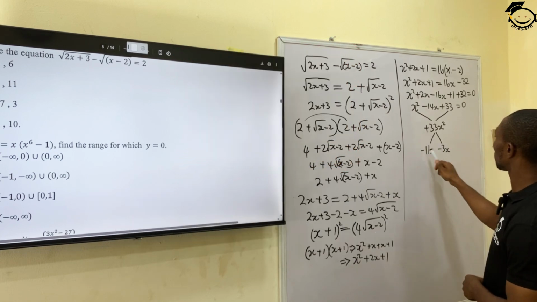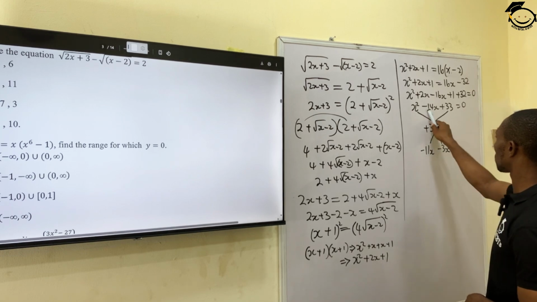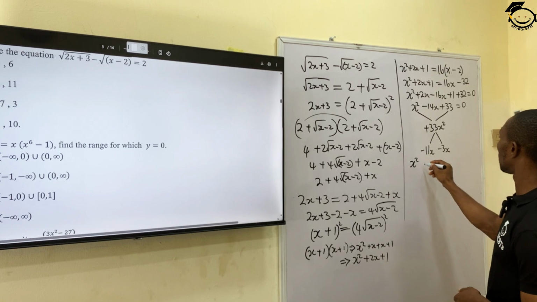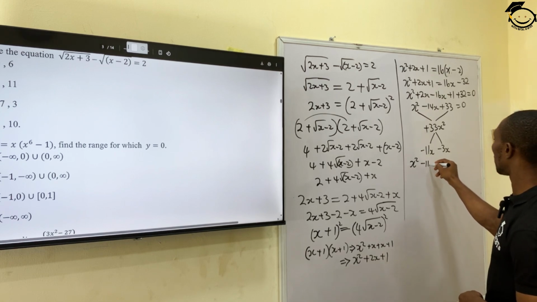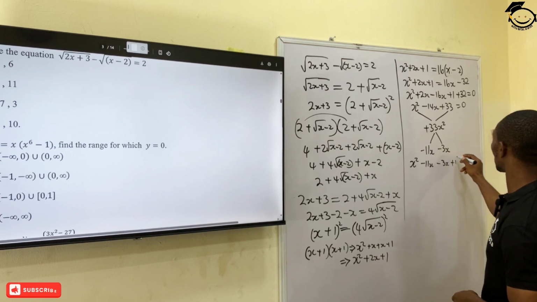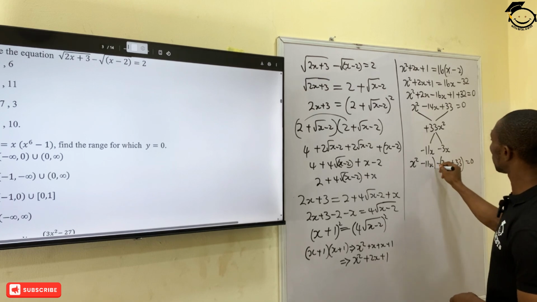Minus times minus will give us a plus, and minus plus minus will give us negative 14. So this will now become x squared minus 11x minus 3x plus 33 equals 0.